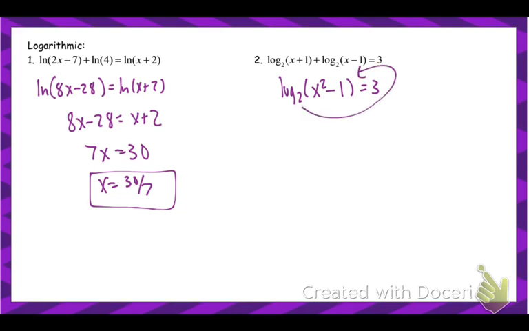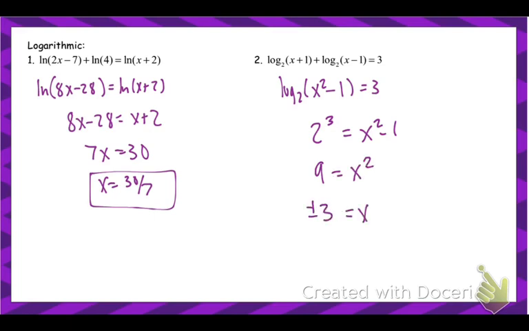So in exponential form, that would be 2 to the third equals x squared minus 1. Add 1 to both sides, square root, and we technically would get plus or minus 3 here, but keep in mind, -3 would be an extraneous solution, because if I plug -3 back into the original, that would give me a negative argument. So my only answer here is x equals 3.